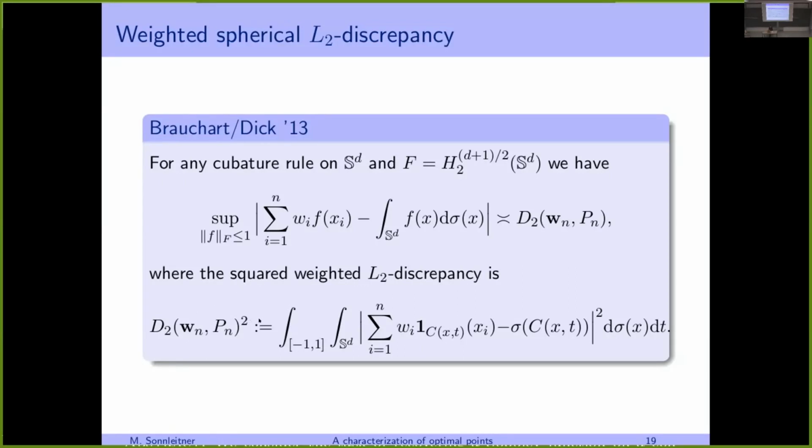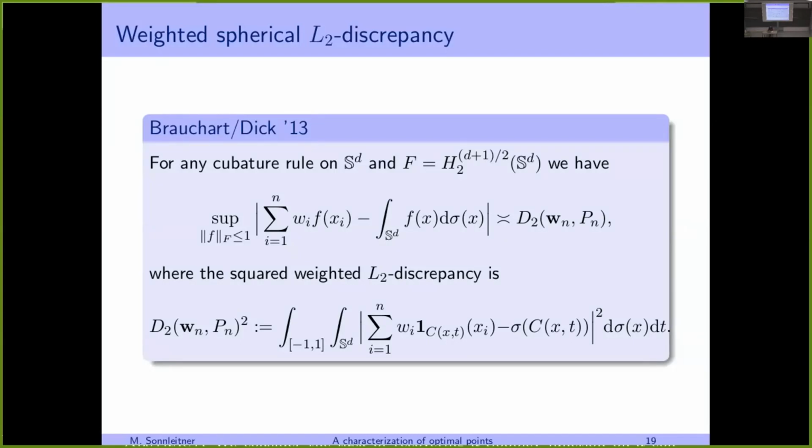So instead of taking equal weights as before, we take here the weights. Basically this is the integration error on a single cap, and we average this over all caps. And this is then equivalent to the worst case error.